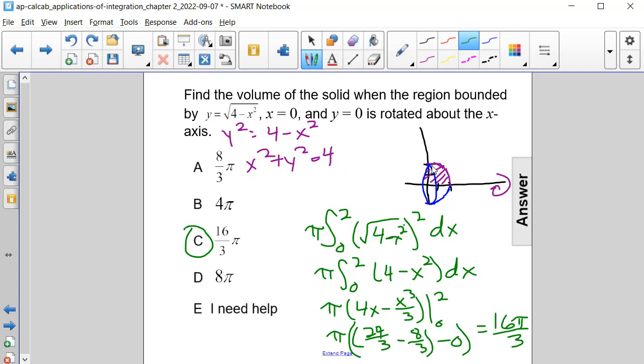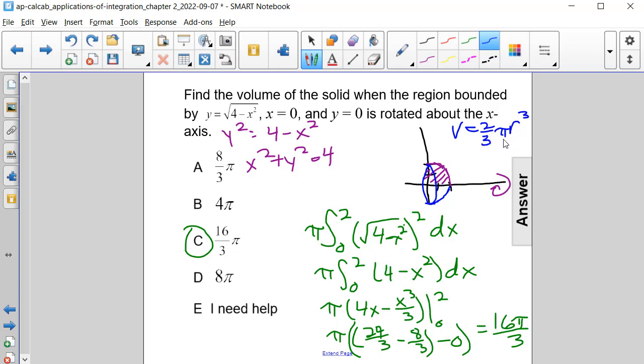Now, it was noted when we first drew and visualized the solid of revolution here that it's going to be half of a sphere or a hemisphere. And if we remember, the volume of a hemisphere from geometry is equal to 2/3 times pi times the radius cubed. And it's 2/3 instead of 4/3 because it's half of 4/3.